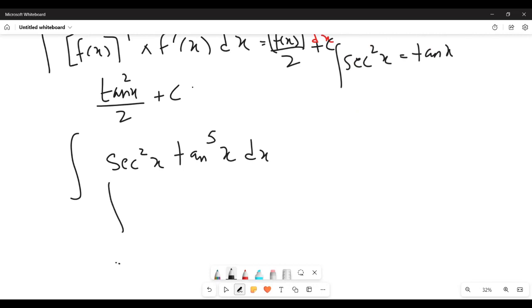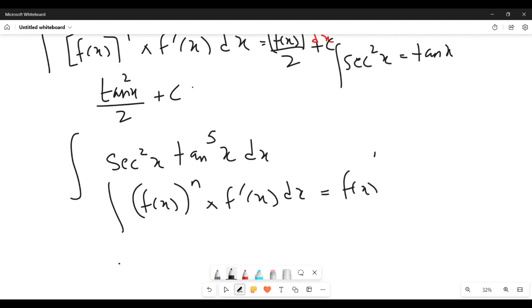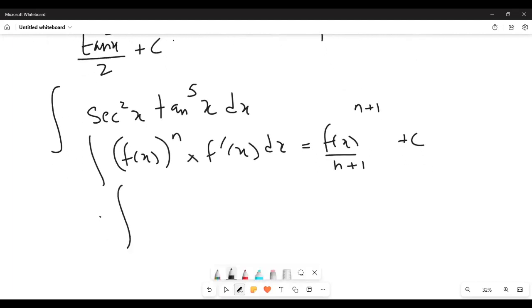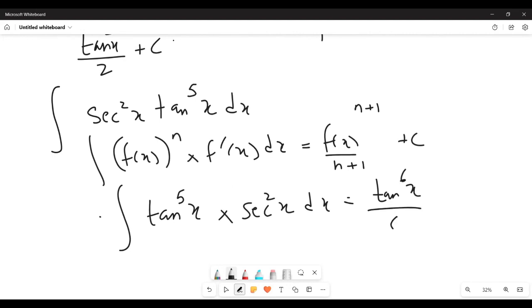The same rule will be used. The power rule on f(x) power n applies only when it is multiplied with its derivative, if it is non-linear. It's going to be f(x) power n plus 1 upon n plus 1 plus c. So we're going to write tan power 5x first, because the derivative of tan is secant square x. So it's going to be tan power 6x upon 6 plus c.